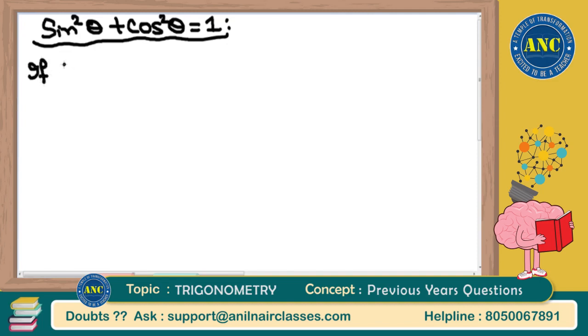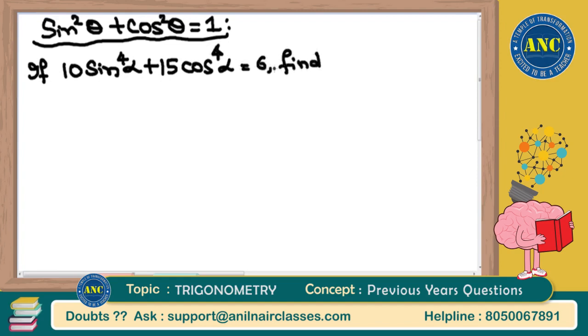Your question is: if 10 sin alpha to the power of 4 plus 15 cos alpha to the power of 4 is equal to 6, then find the value of 27 cosecant alpha to the power of 6 plus 8 secant alpha to the power of 6.